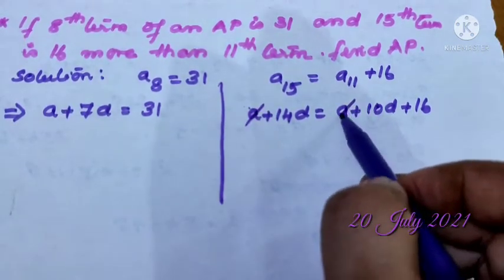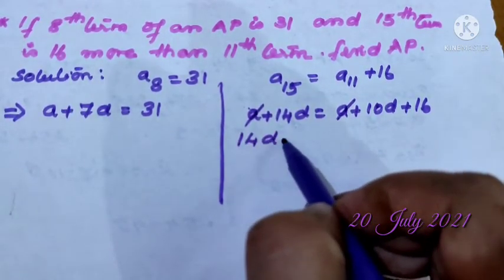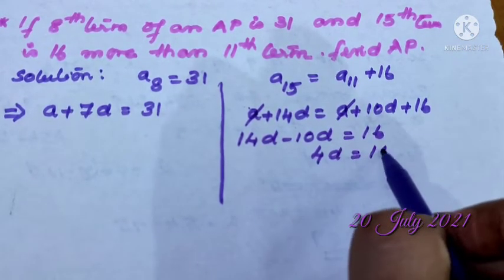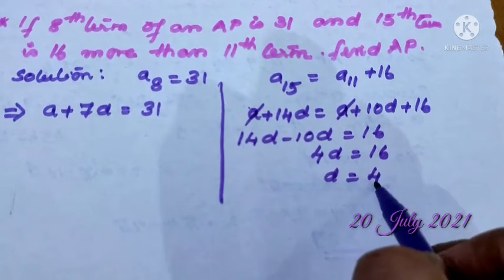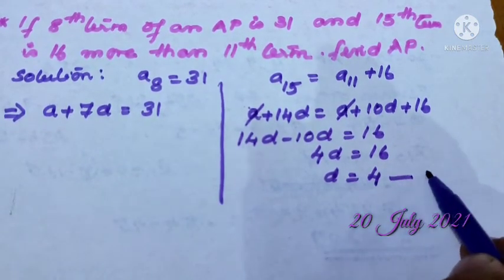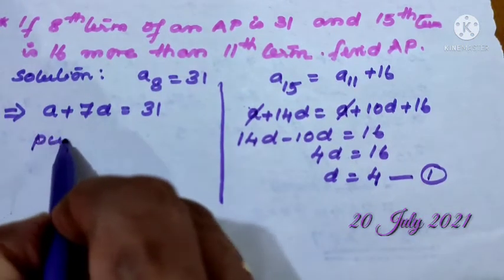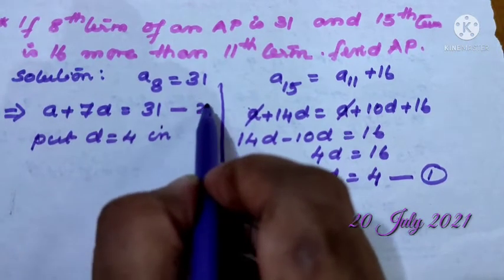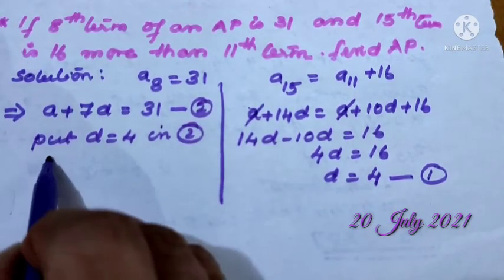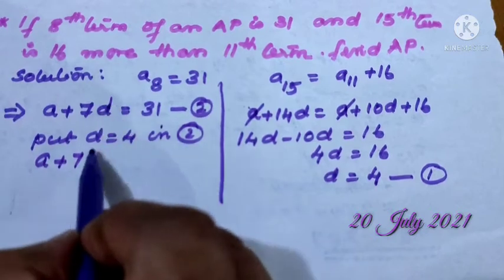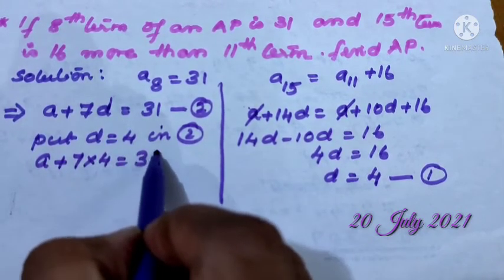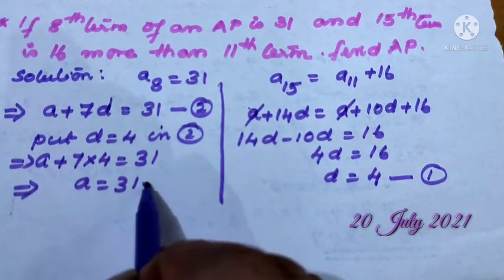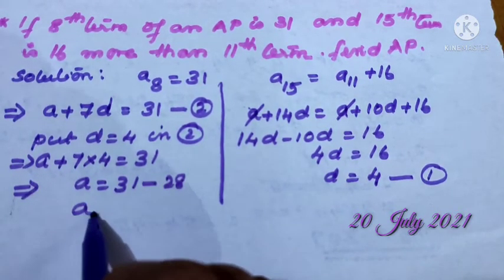A will get cancelled. 14d minus 10d equal to 16, that is 4d equal to 16, d equal to 4. Put d equal to 4 in equation 2. So A plus 7 into 4 equal to 31. A equal to 31 minus 28, A equal to 3.